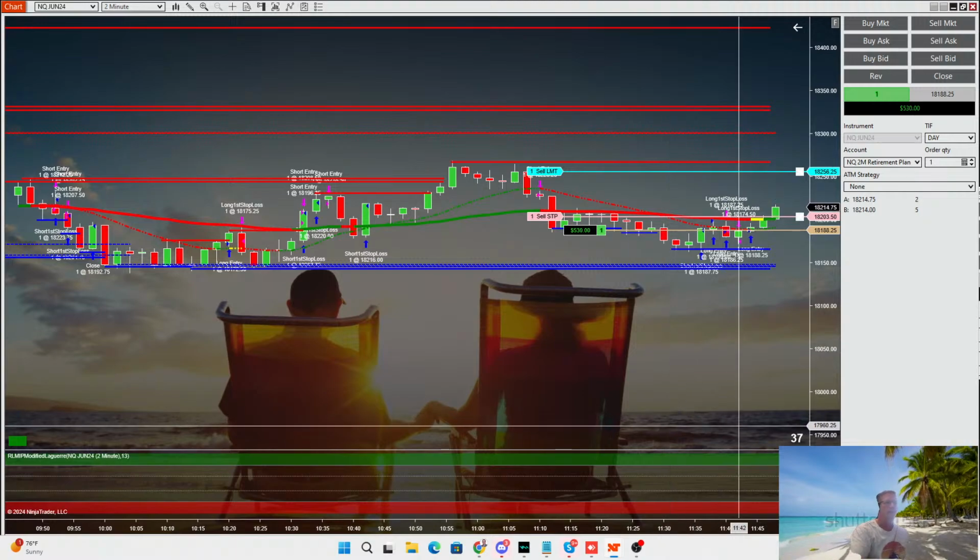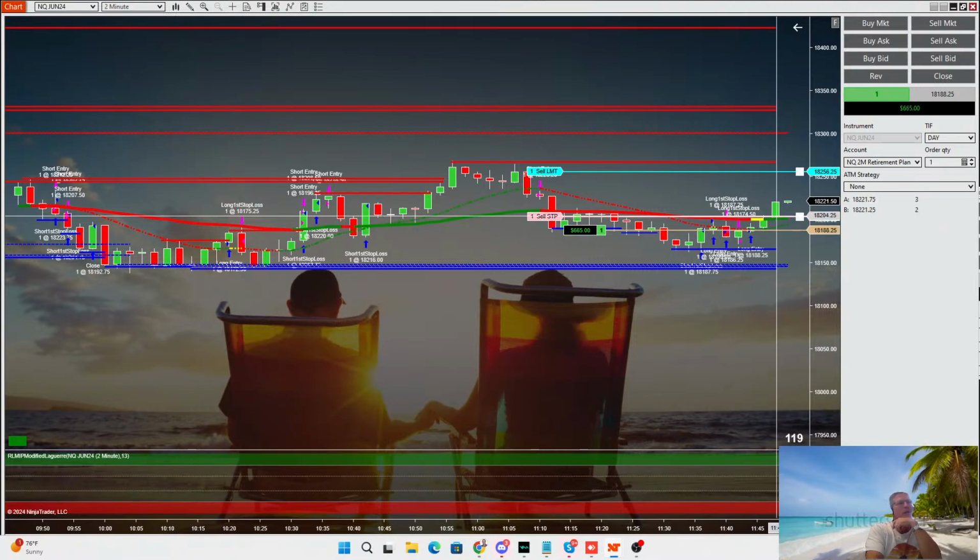All of a sudden we got a good burst of volume. A retirement plan.